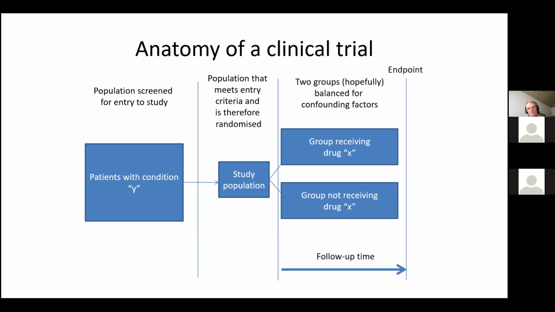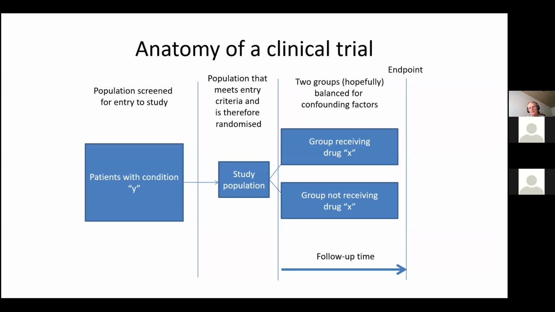And we follow those patients over a period of time until they reach an endpoint, whatever that endpoint of interest might be. So if I was doing a study on vitamin C, the endpoint would be recovery from the common cold. If I was doing a study with hydroxychloroquine, then the endpoint might be either getting or not getting the COVID-19 symptoms in a finite period of time.